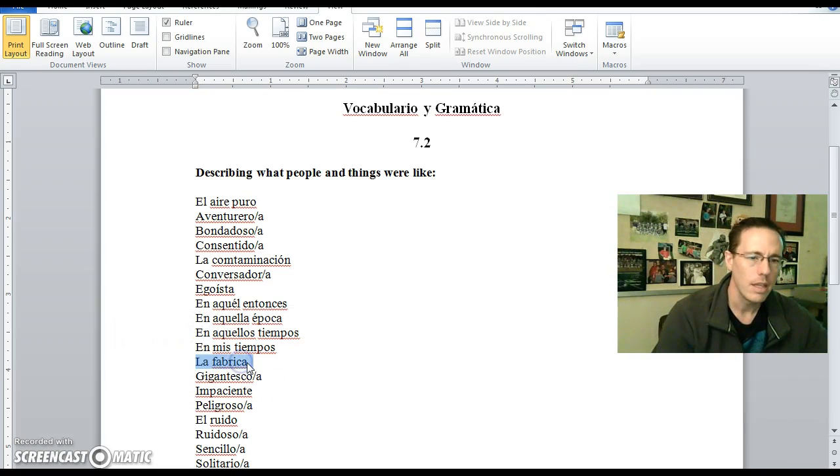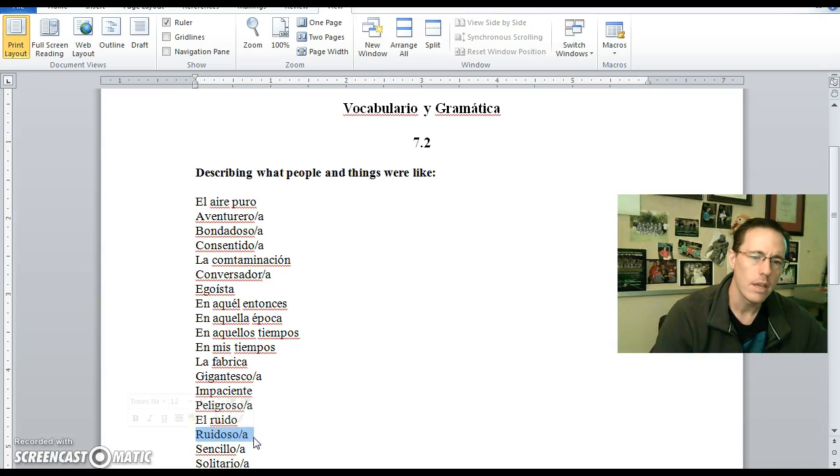La fábrica is a factory. Gigantesco is gigantic. Impaciente, impatient. Peligroso is dangerous. El ruido is noise.